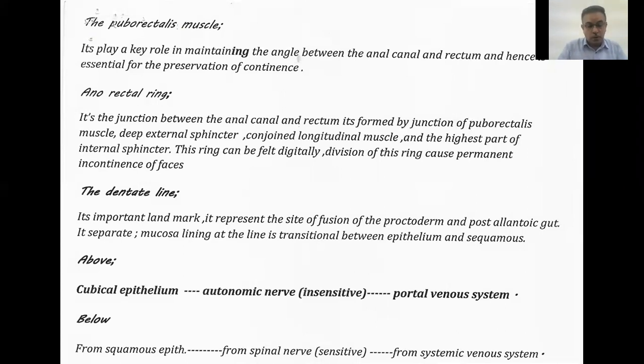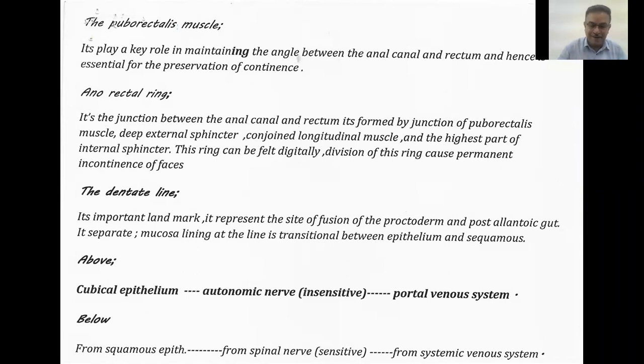Above the line, the innervation is autonomic, insensitive, with portal venous drainage, while below the dentate line, the squamous epithelium has spinal nerve supply, is sensitive, and drains to the systemic venous circulation.